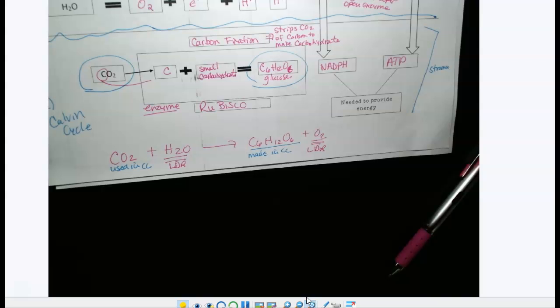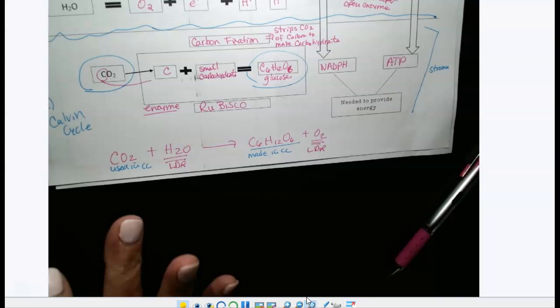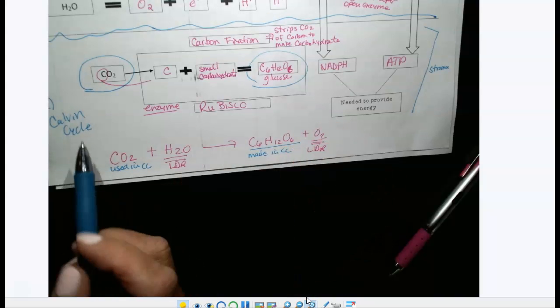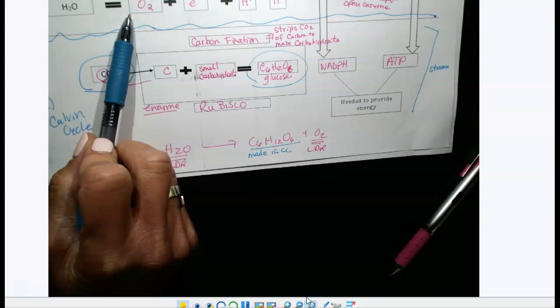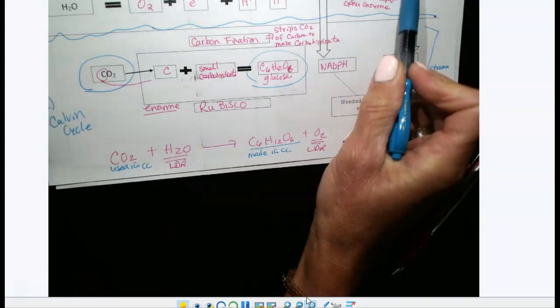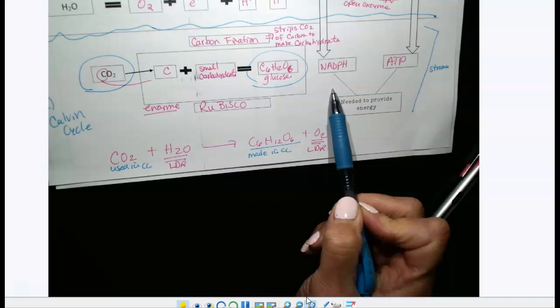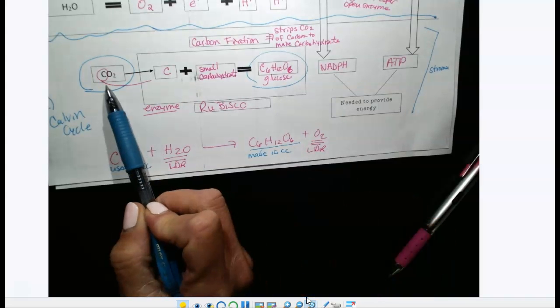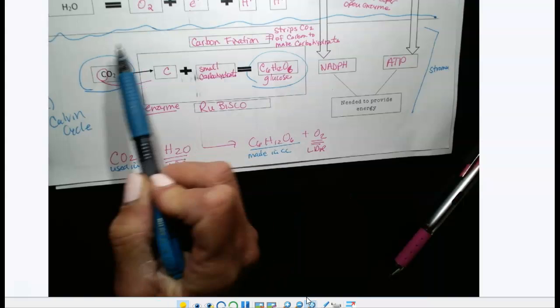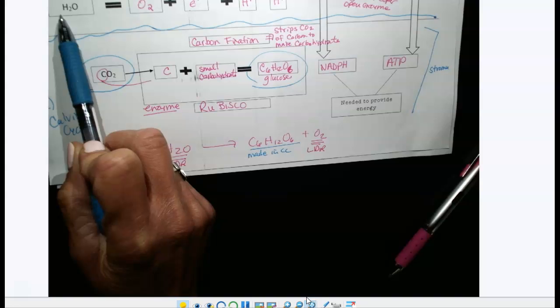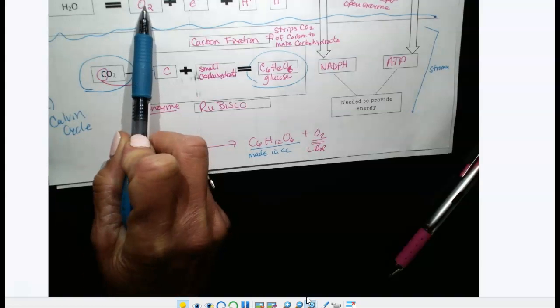So the whole purpose of photosynthesis is to break down water, make oxygen gas, and to make some energy for the Calvin cycle. And then to break down carbon dioxide to make glucose. What am I missing? Oh, break him down to make him.